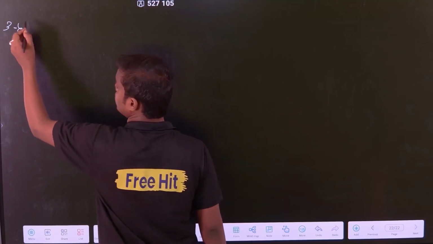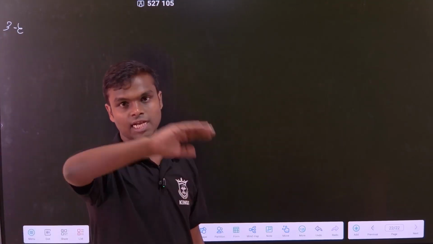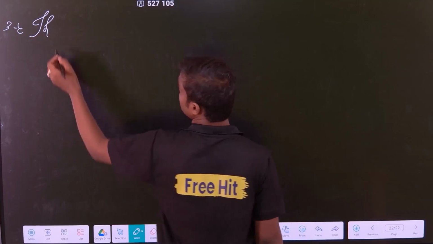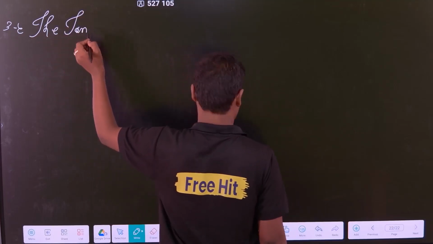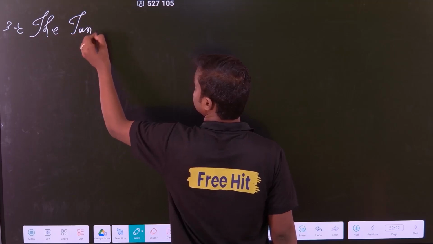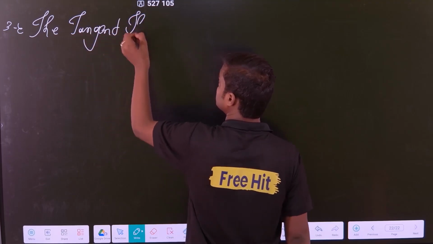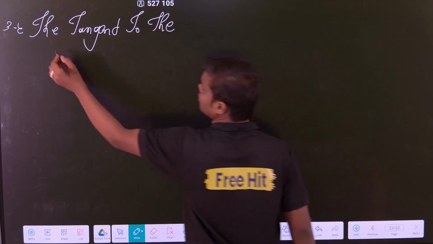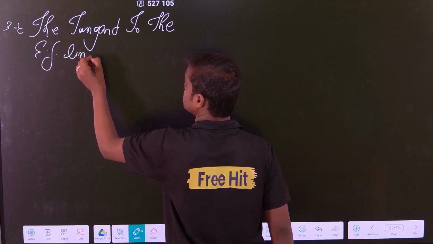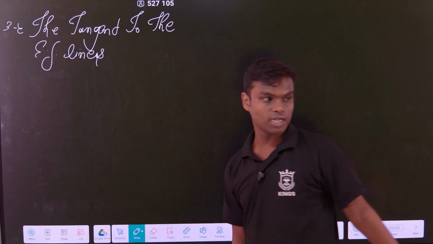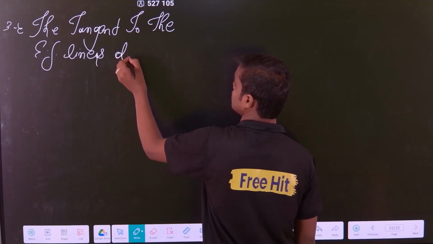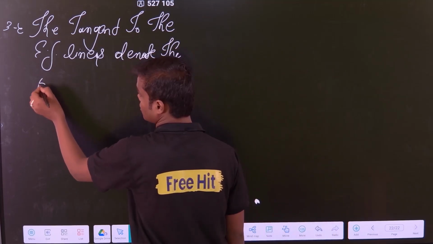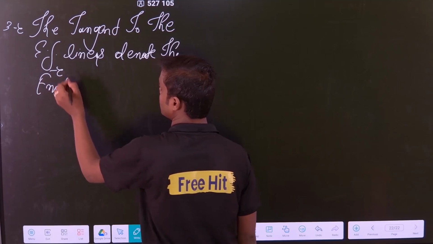What is the third property? If there is an electric field line, the tangent to the electric field line denotes the E net at that point.